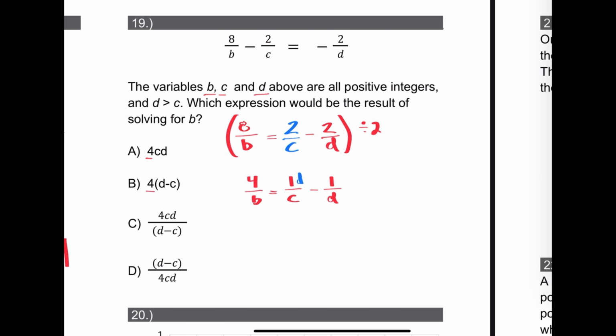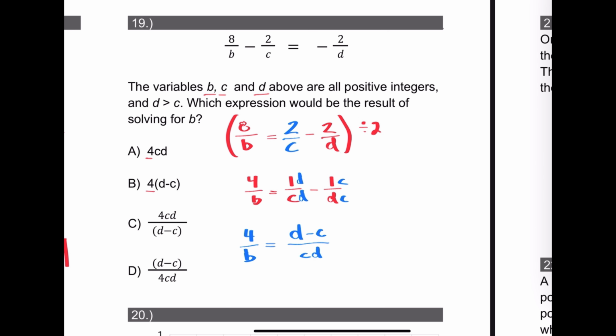We're going to use our rules of fractions, multiply both of those by d and both of these by c, so that we can combine the denominators there. And we're going to end up with d minus c in the numerator and a simple cd in the denominator.